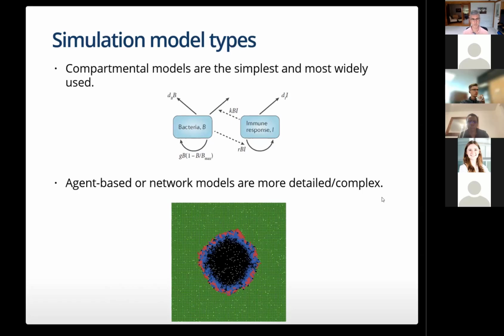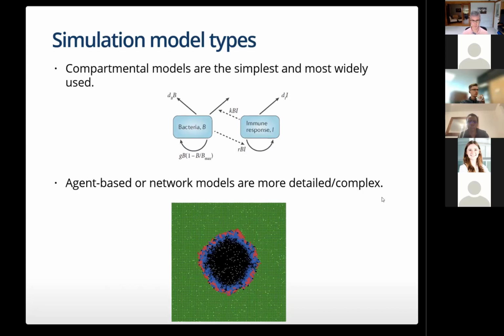If you want to go more detailed, you can use agent-based or individual-based models, or network models, which are often a form of individual-based model. There you model every entity, or at least a subsection of the entities, in a lot of detail. Those models are more detailed, so you can put much more realism into them, but that also makes them more complex.